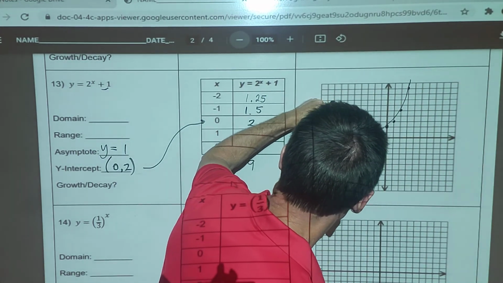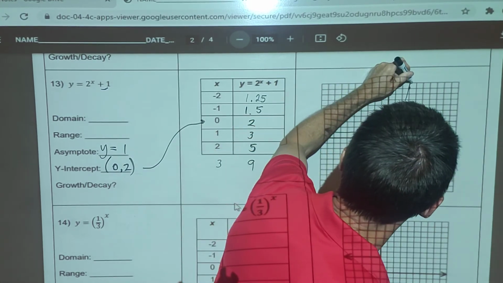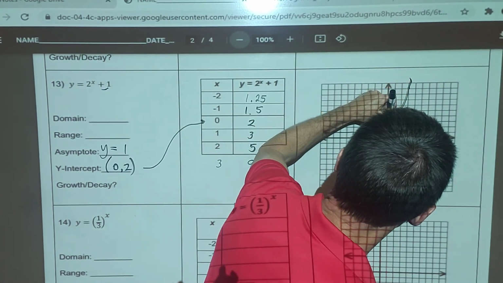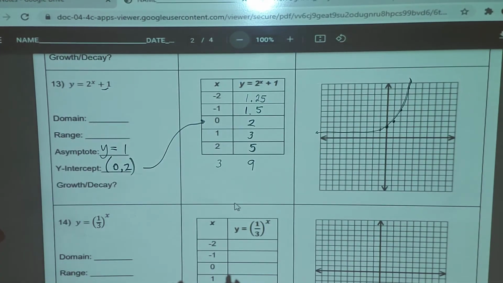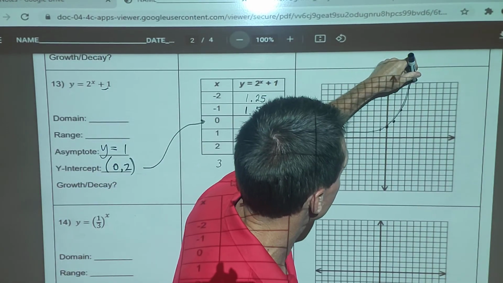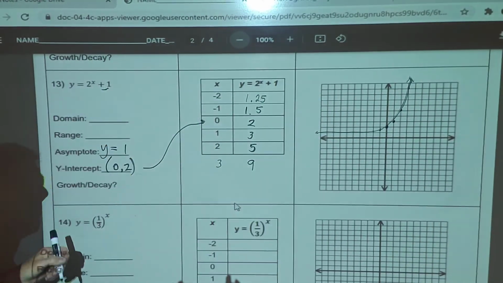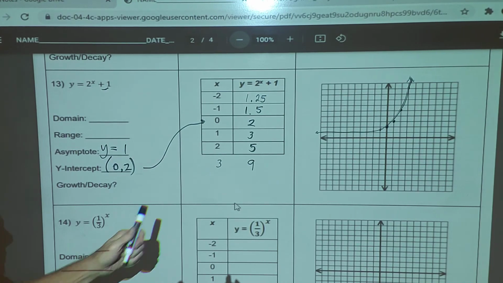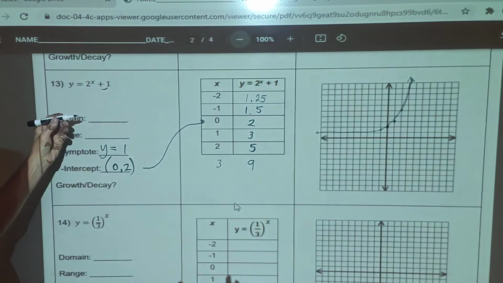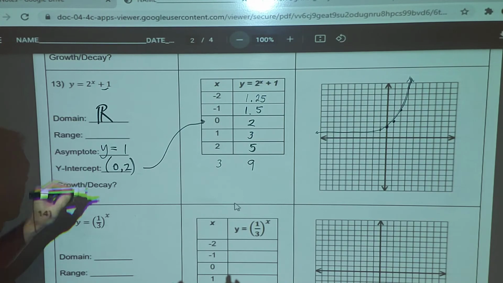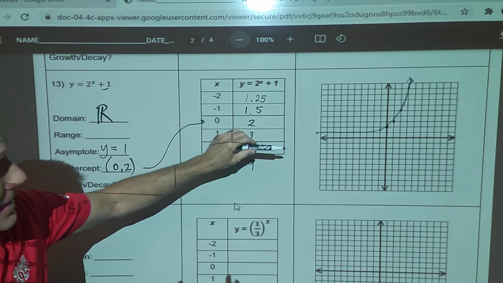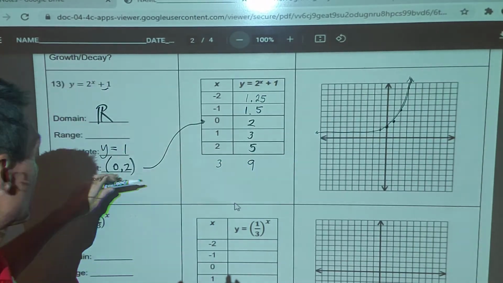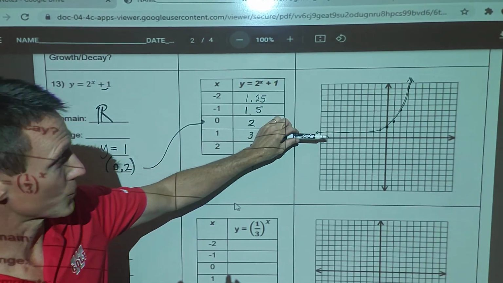And that's not perfect, but fairly close. Okay, so this graph domain is going to continue forever left, forever right. Domain would be all real numbers. The range, it's never going below that line where the asymptote is, which would be y = 1.